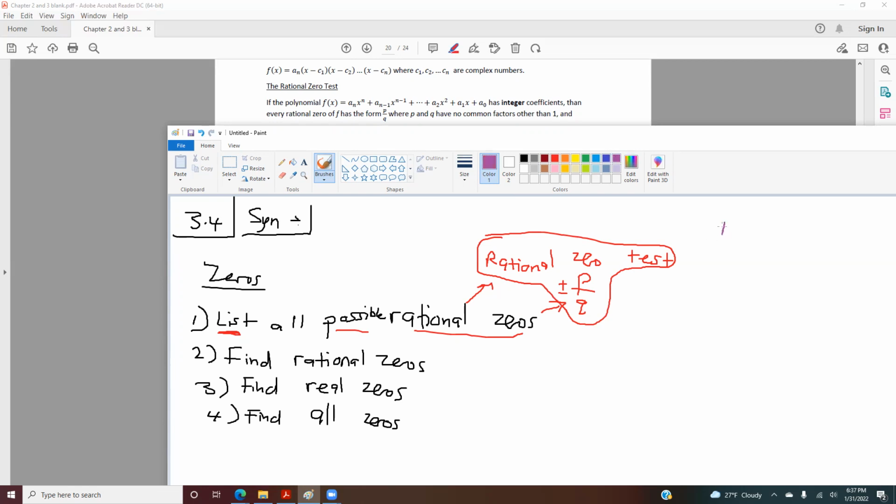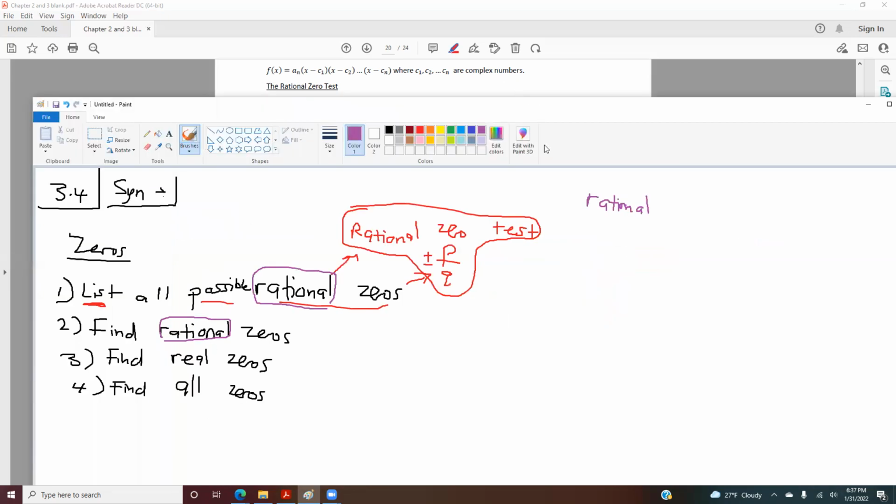Do you guys remember the meaning of the word rational? Like the word rational functions that we used last time. Rational means it's a number that can be written in fraction form, p over q.